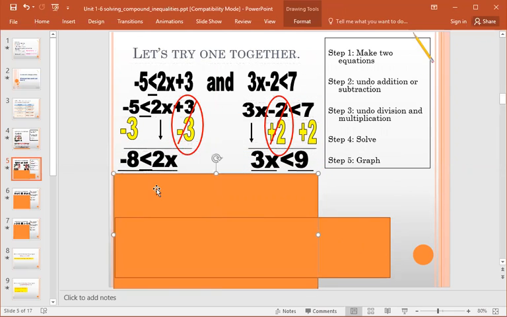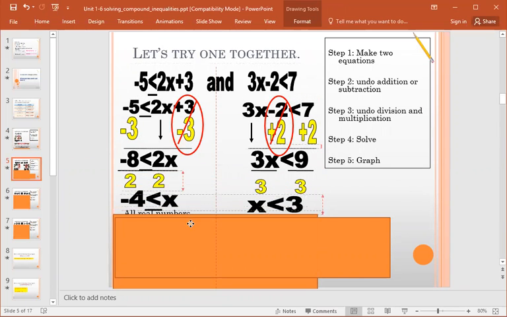giving me -8 is less than or equal to 2x. In the right side, I have to add 2. That gives me 3x is less than 9. Okay, now we just need to divide. So on the left, I'm dividing by 2. On the right, I divide by 3.